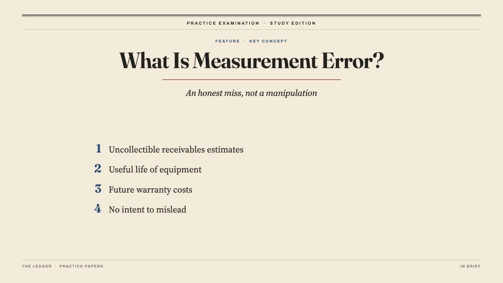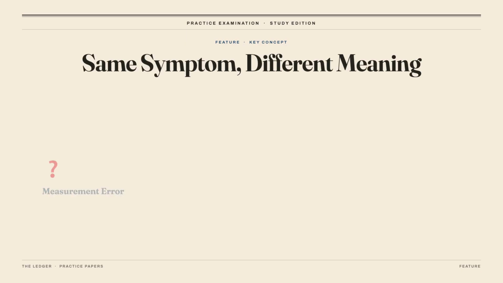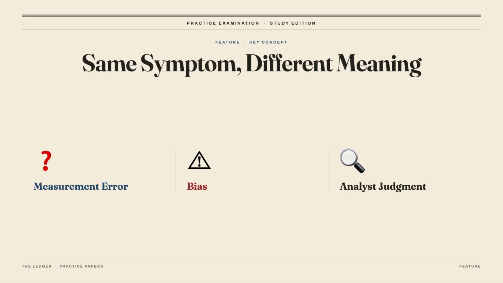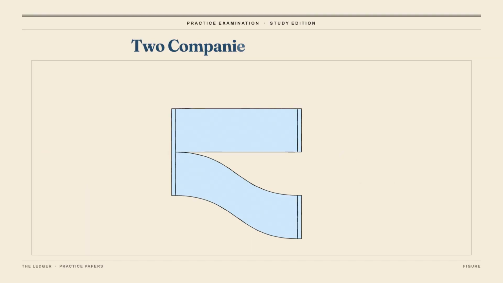And estimates can simply turn out wrong. Measurement error and bias can produce the exact same symptom, an estimate that later proves wrong. But measurement error reflects honest difficulty, while bias reflects an intentional slant to serve management's interest. And telling them apart is what lets an analyst judge how much to trust future reports.